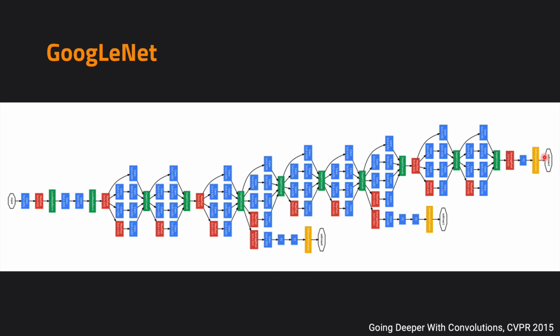In total, they have 3 losses throughout the whole network, which means that theoretically those 3 heads can all produce classification predictions. But after they train the network and use it for inference, they only use the final output.